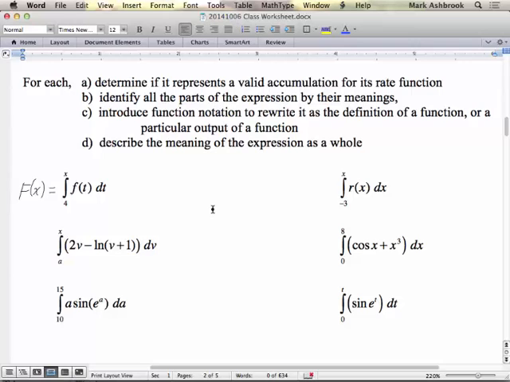Just go on. Right, next. I mean, it works as a function.